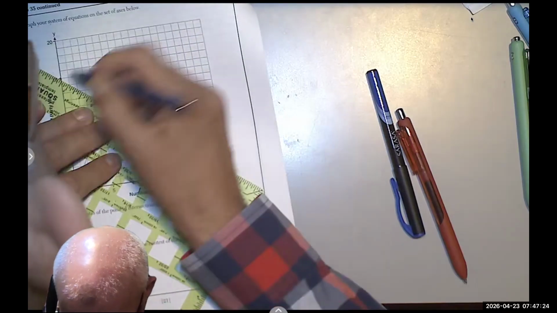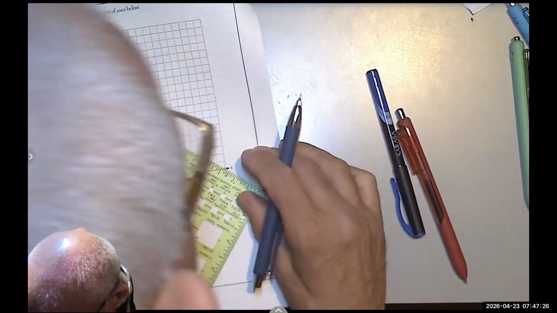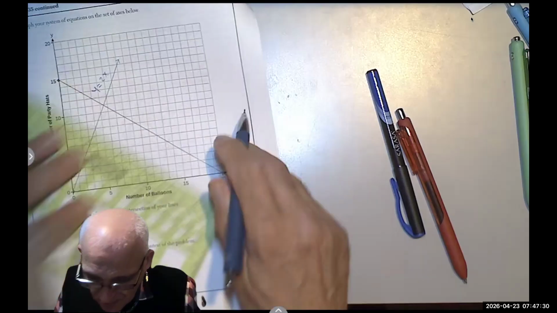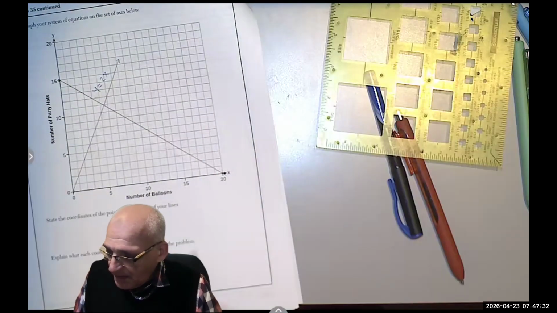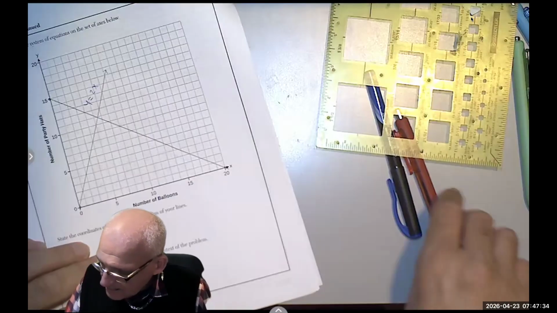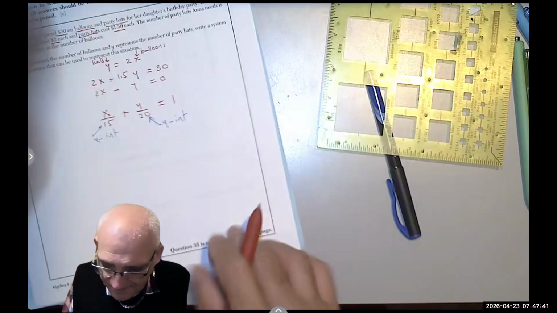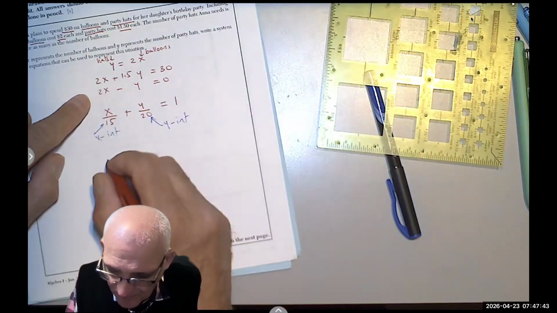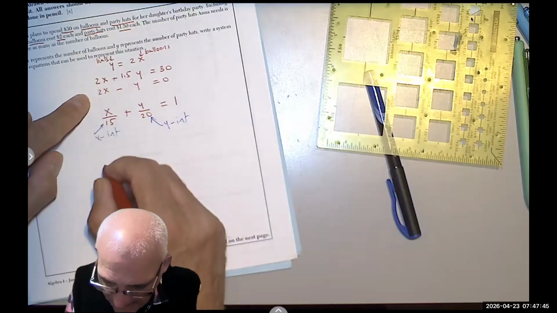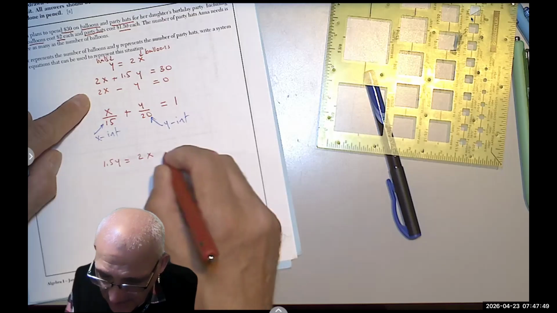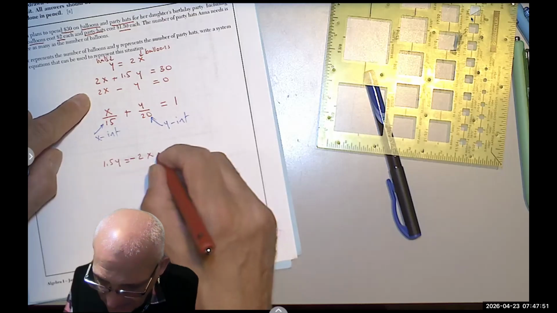Okay. Well, if you want to write it again in slope-intercept form, I'm going to subtract 2x from both sides. So I'm going to say 1.5y equals negative 2x plus 30.